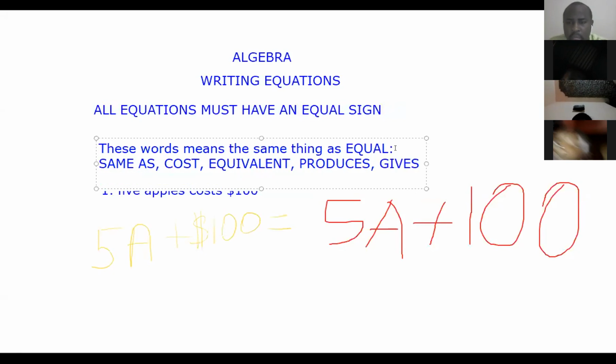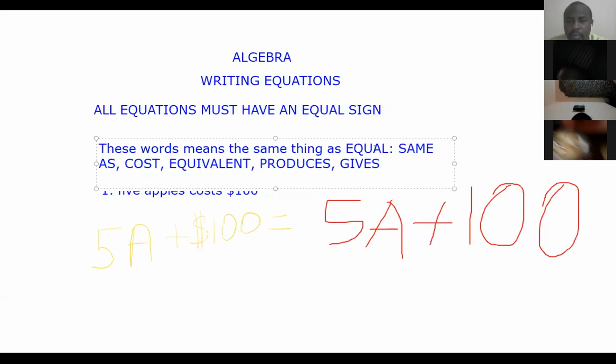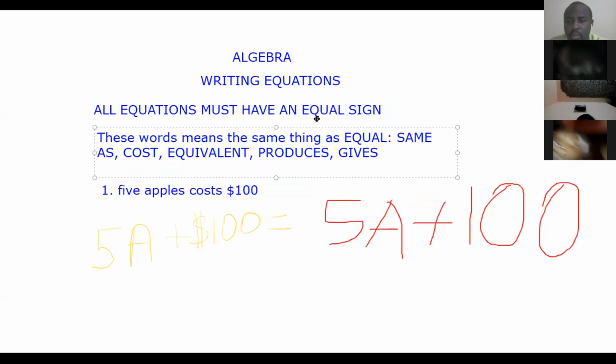All right, guys, I want you guys to look at these words here. Everybody see these words up here? Now, these words, same as, cost, equivalent, produces, gives, they all mean the same thing as equal, okay?